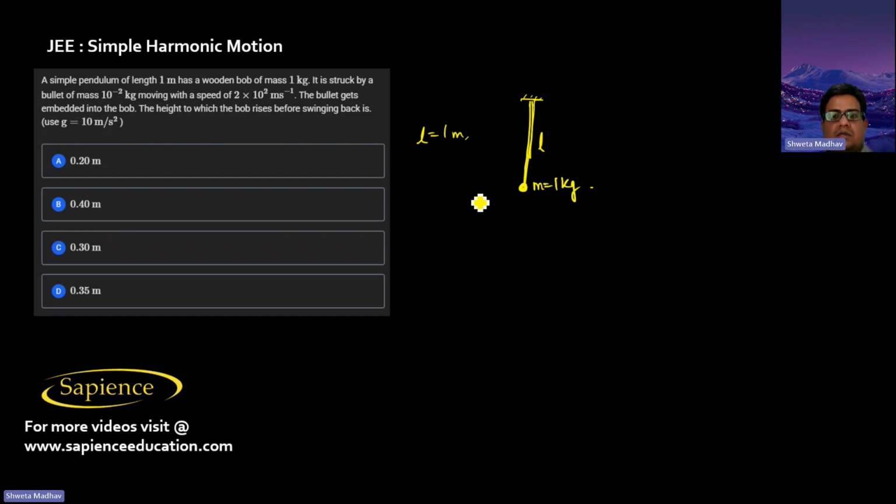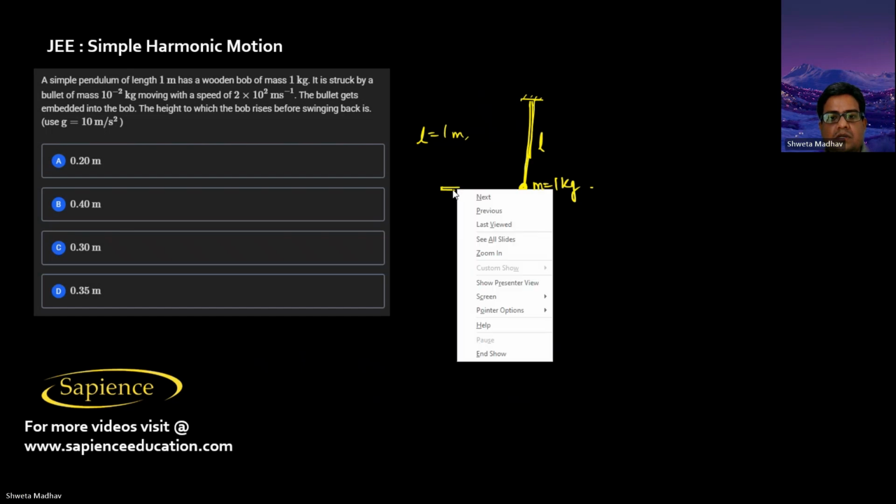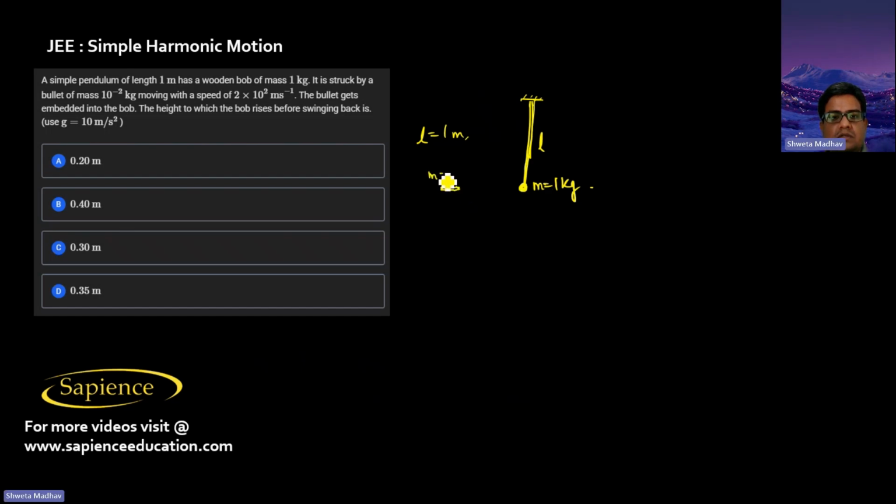It is struck by a bullet of mass 10 power minus 2 kg, moving with a speed of 2 into 10 power 2 meter per second. The bullet gets embedded into the bob. Find the height to which the bob rises before swinging back.